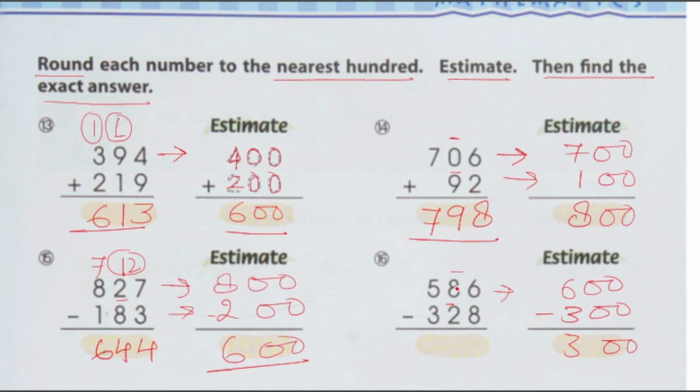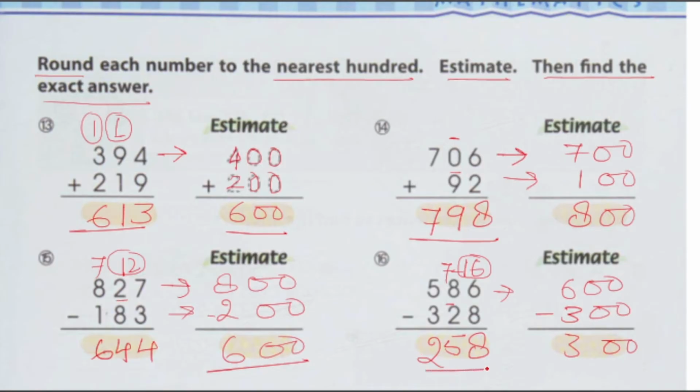Now, in this case, we can't subtract 8 from 6, so we have to borrow 1 from the left side. So it will become 16. So 16 minus 8 is equal to 8, and it will reduce to 7. 7 minus 2 is equal to 5, and 5 minus 3 is equal to 2.